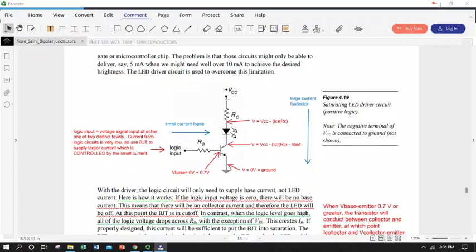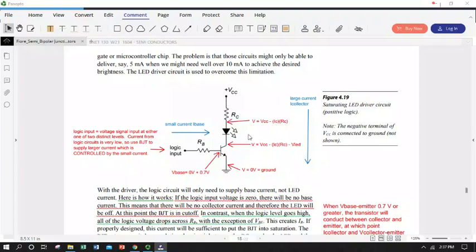Then we could determine how much collector current is going to flow via either the constraints of our circuit here, or using our beta, our gain, relating our base current to our collector current. So we're using a very small base current coming with the logic input to control a much bigger current that's big enough to make the LED illuminate.